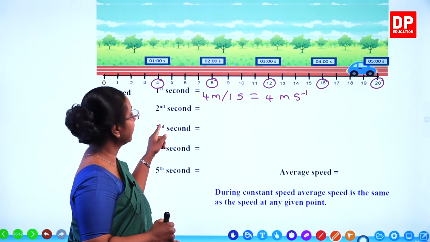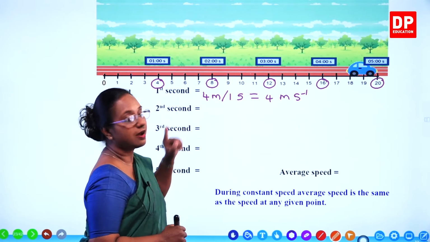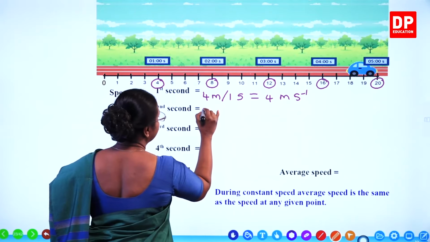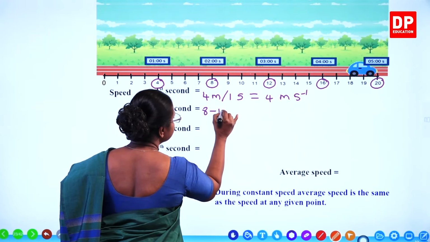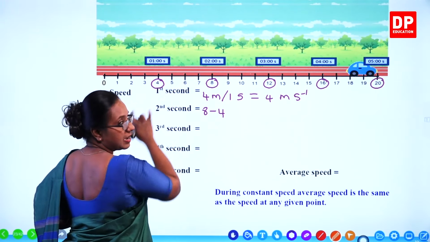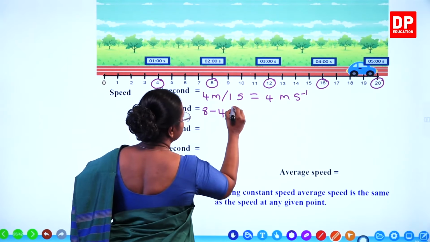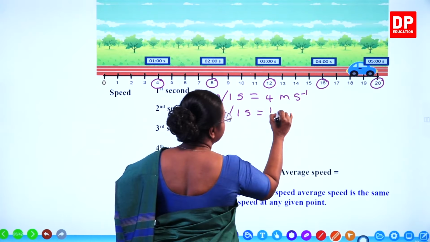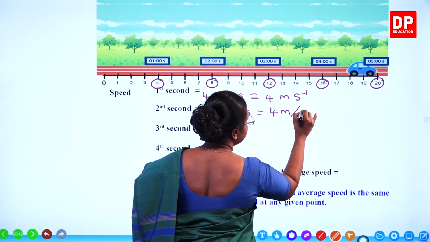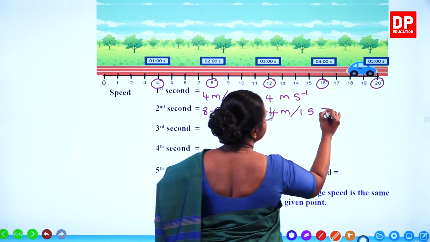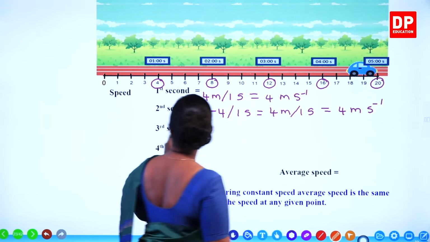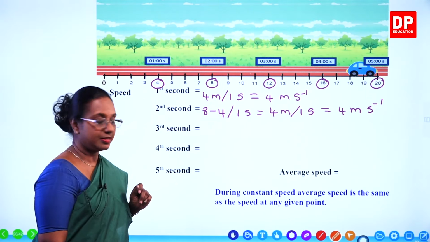During the second second, although it has covered 8 meters, the distance traversed will be 8 minus 4, final minus initial. So, that divided by 1 second will be again 4 meters divided by 1 second, 4 meters per second during the second second.